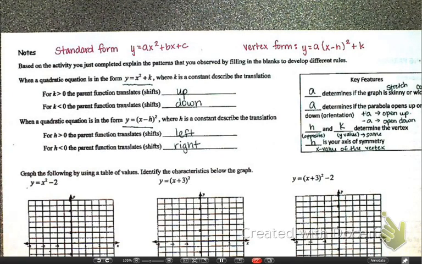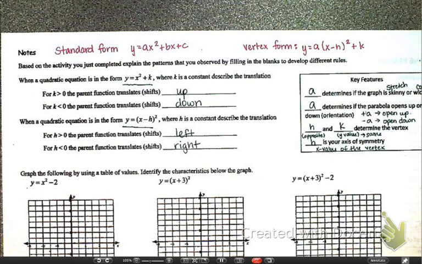So what does a tell me? What can I determine just by looking at a? If the graph is skinny or wide, and if it opens up or down. I don't have to graph it to know that. What does h tell me? What part of the vertex? The x value of the vertex, and h is always opposite. What does k tell me?